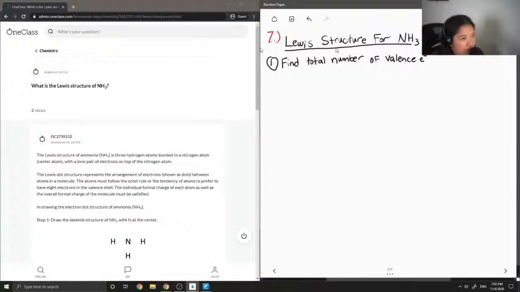Okay, so let's see what we have for nitrogen. For one atom of nitrogen, there are 5 valence electrons.